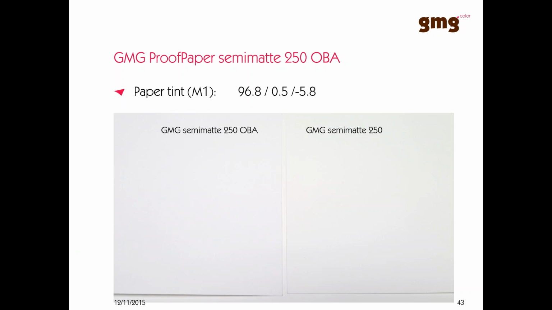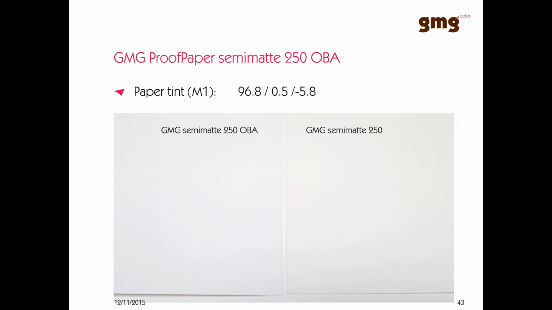Okay, on this we can see a little bit. So we took the GMG SemiMatte 250, and if you look at the GMG SemiMatte 250 OBA, you will basically look at somehow the same paper. It's just that the coating on this paper contains the OBAs we need.